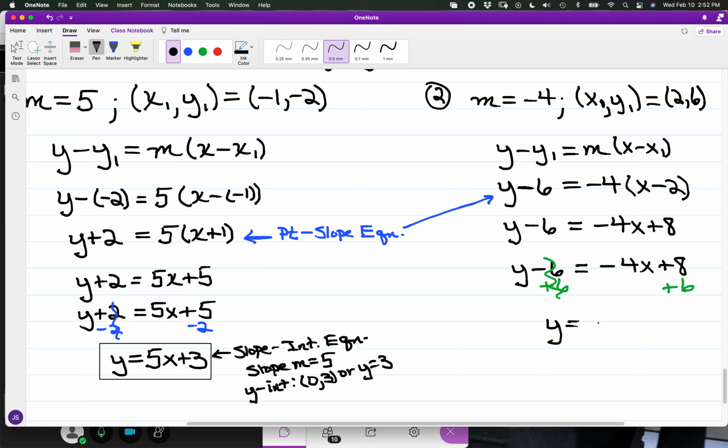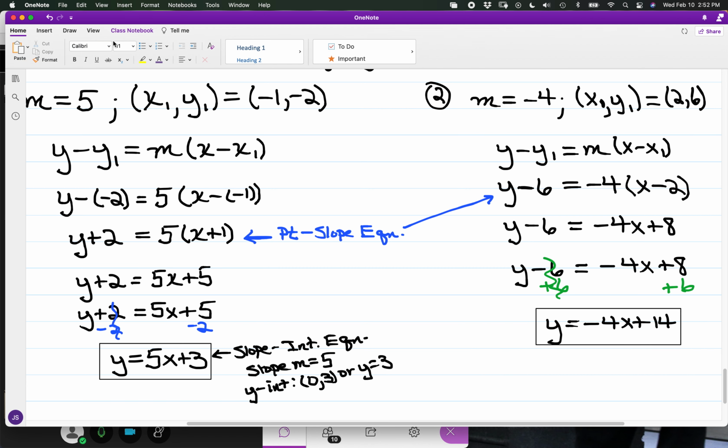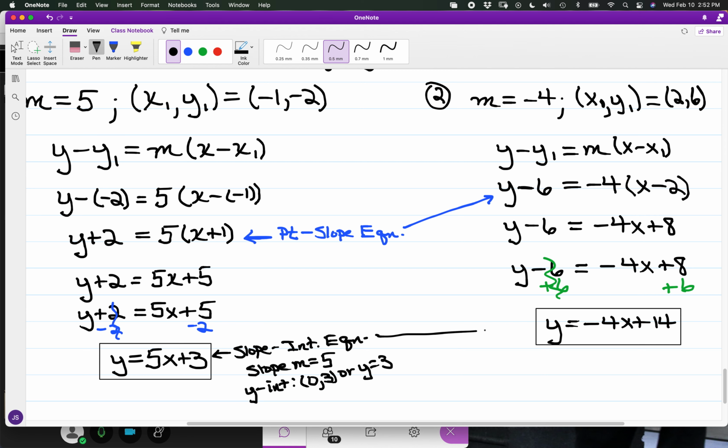So we're going to have that y is equal to negative 4x plus 14. So this will also be the slope-intercept equation, and now we had the slope at negative 4.